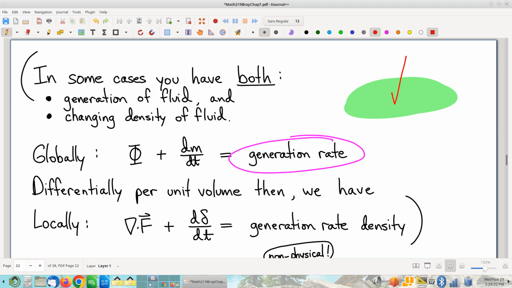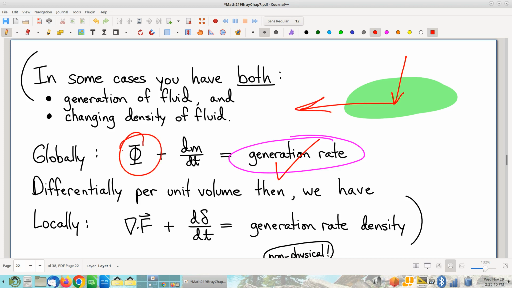This makes it look like there's a flux coming from out here. That's not my intent. This is just my intention of there is a red fluid that is being generated here in this spot.